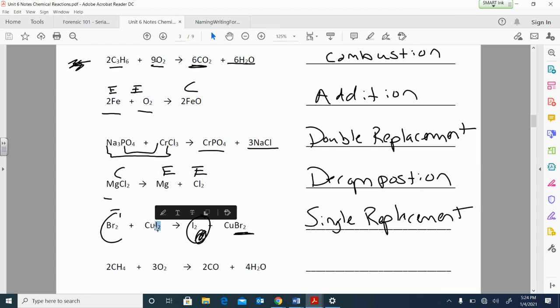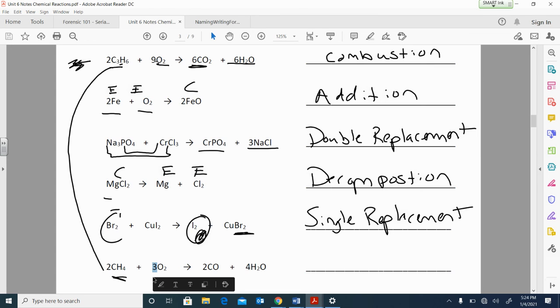All right, and last one. Notice how these are very much alike. Hydrocarbon, hydrocarbon. Burns with oxygen, burns with oxygen. Creates CO2 or CO. They're very similar. And always water, H2O.